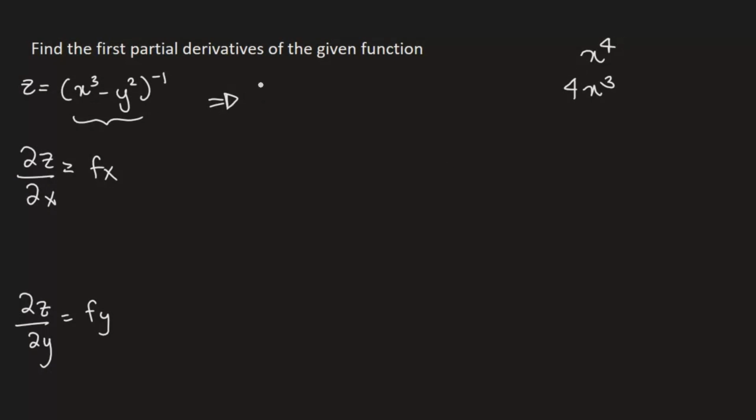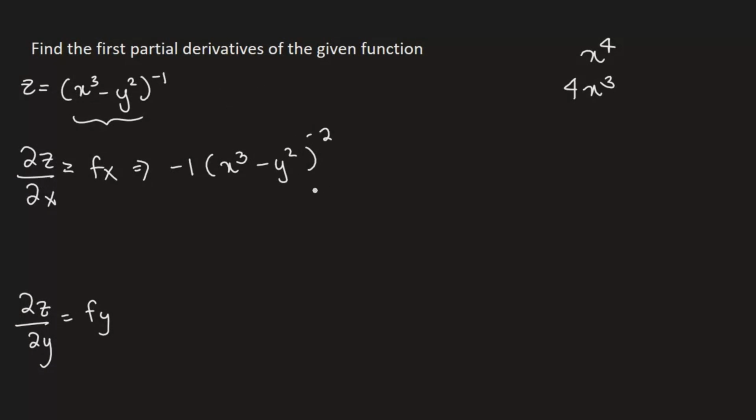We will bring the 1 down, so we will write negative 1, x cubed minus y squared, and then we'll subtract 1 from it. So negative 1, that's negative 2.